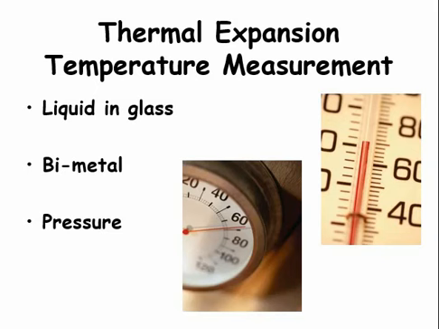Again, they are simple, rigid devices, but are not very accurate. Pressure-based temperature sensors are based on the ideal gas law, where the temperature change produces a pressure change that is used to indicate temperature. I just want you to be aware that these types of sensors exist.